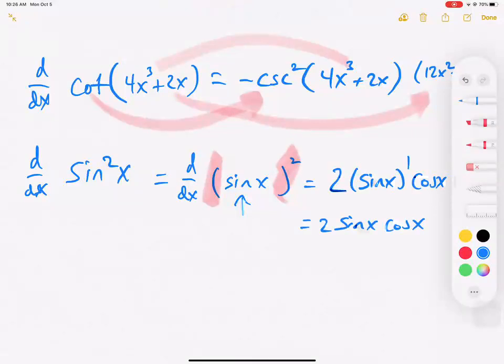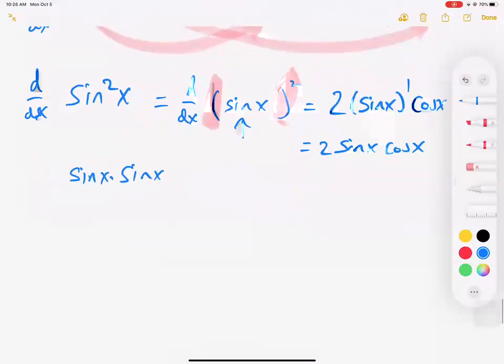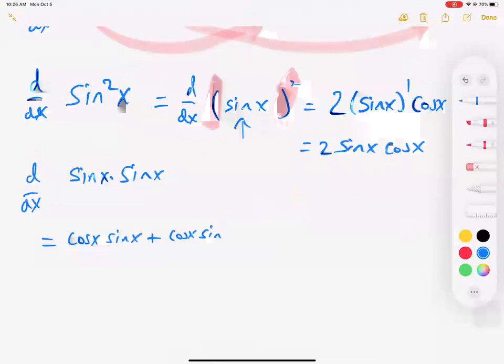Okay? To prove that this is true, I'm going to do what I don't want to do. I'm going to take the derivative of sine x times sine x using product rule. Isn't sine squared really sine times sine? Okay, let's do product rule. The derivative is equal to derivative of the front, leave the back alone, plus derivative of the back, leave the front alone.